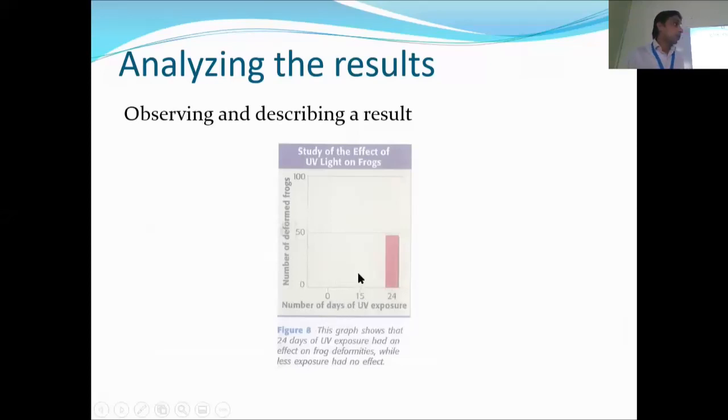But the group of eggs placed under ultraviolet radiation for more than 15 days showed a lot of deformities in the limbs. Almost 50% of the frogs which hatched at that time grew and developed with deformed legs. That observation confirms that it may be because of the increased exposure to ultraviolet radiation that the deformities are occurring in these frogs.